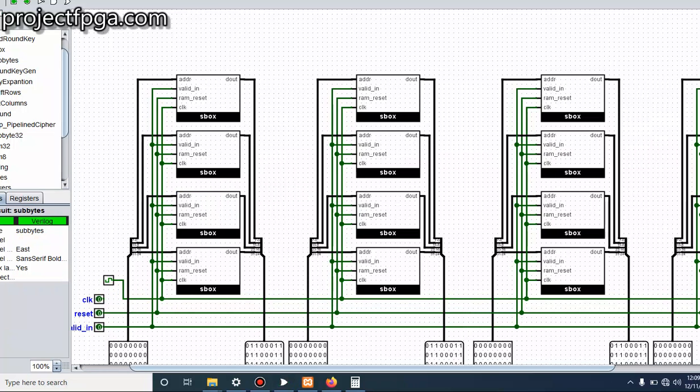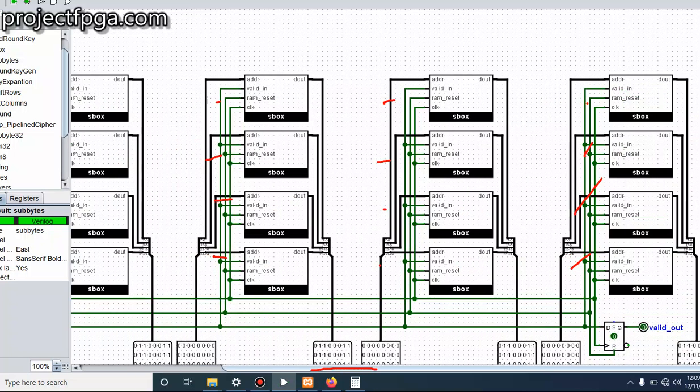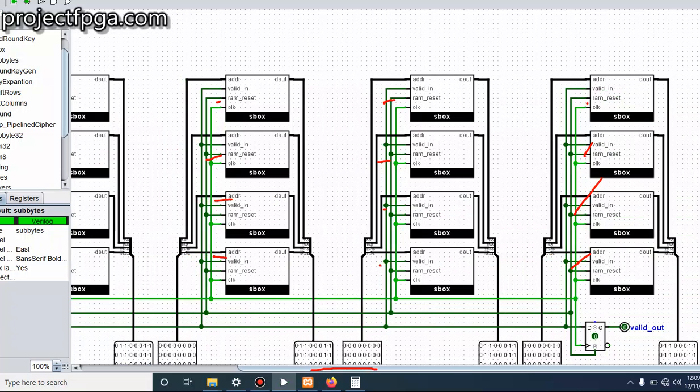Then we have 1, 2, 3, 4 multiplied by 4, 5, 6, 7, 8, 9, 10, 11, 12, then 13, 14, 15, and 16. So let's multiply 8 bits by 16.